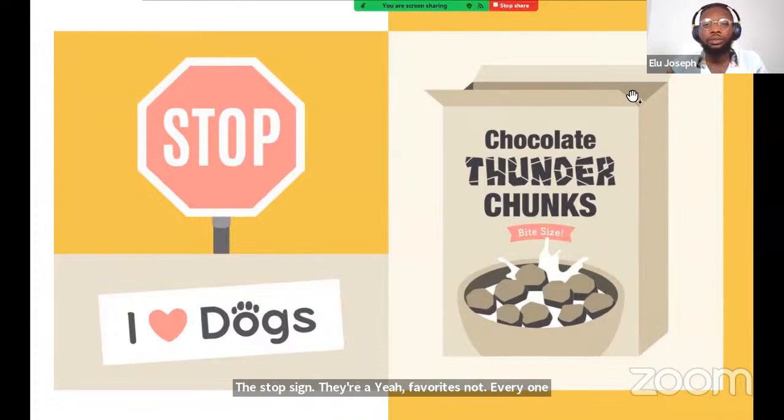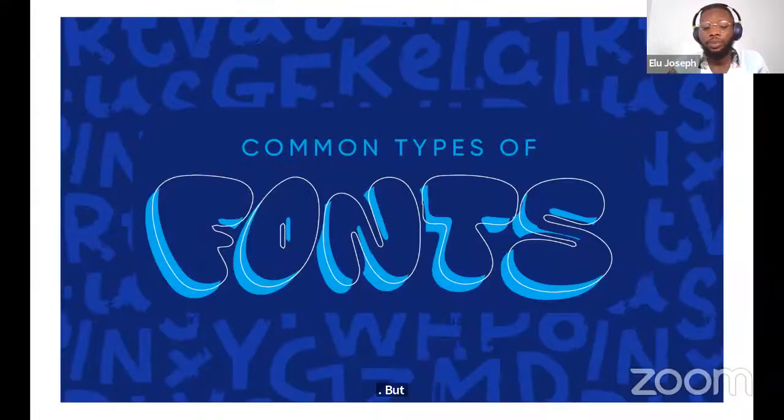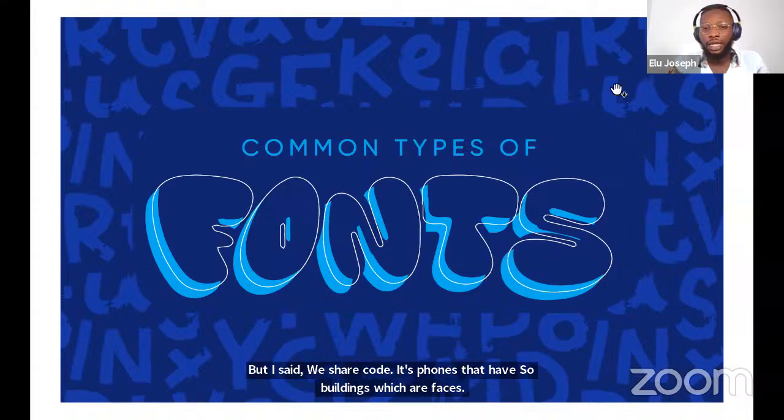Okay. Now we went into the common types of font. Remember, I said typography is like an estate that has buildings which are called fonts that have sub-buildings which are typefaces. So the fonts have types.